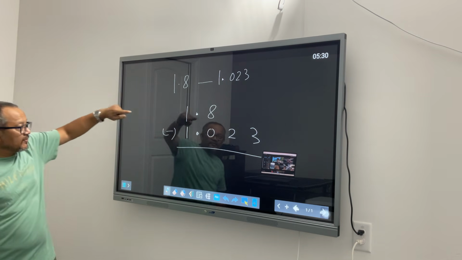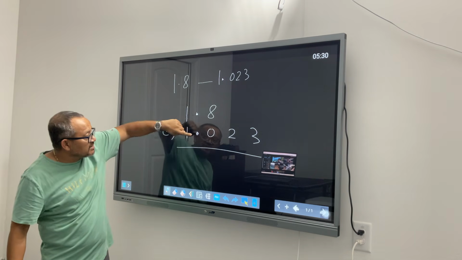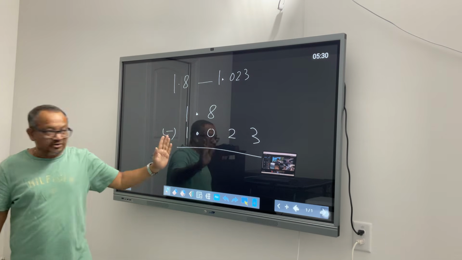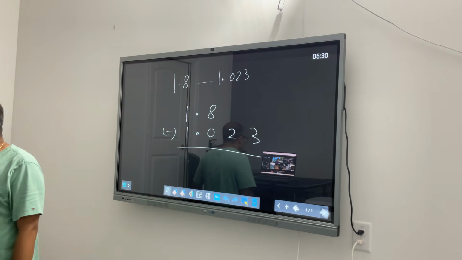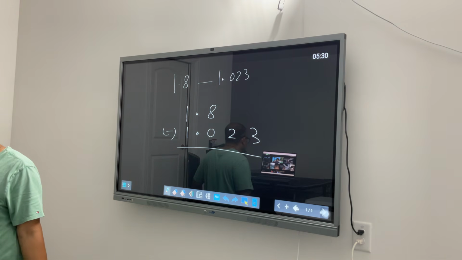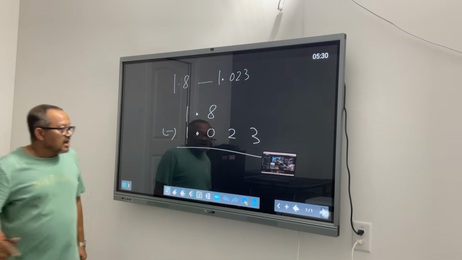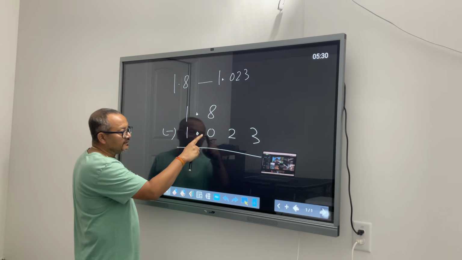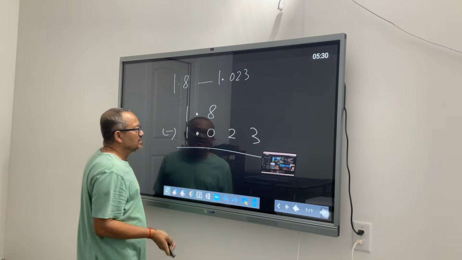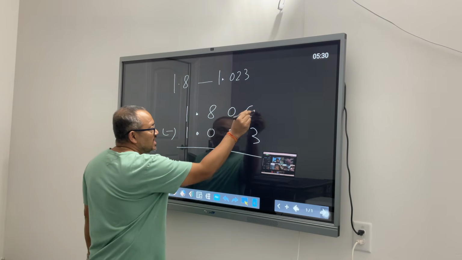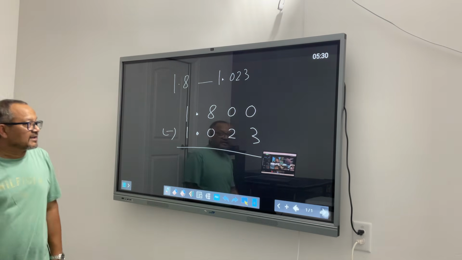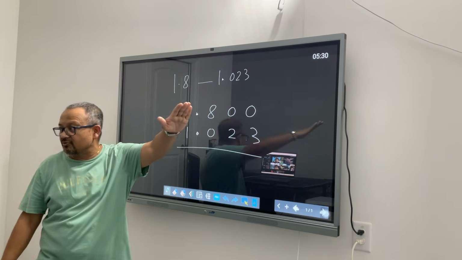The only thing I did carefully was I made sure that the decimals are always together so that these numbers look this way. Is that okay? Now, here if you look at it, I have 3 digits after the decimal. Here I have only 1 digit after decimal. I will put zeros, because decimal gives me the flexibility to add as many zeros as I want.